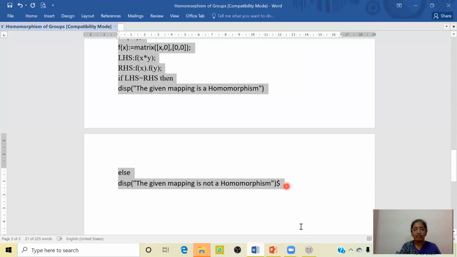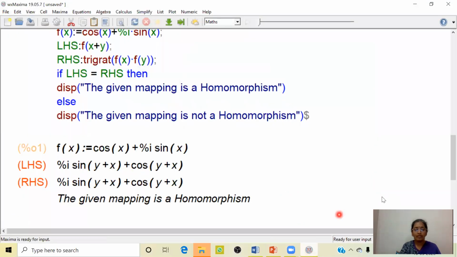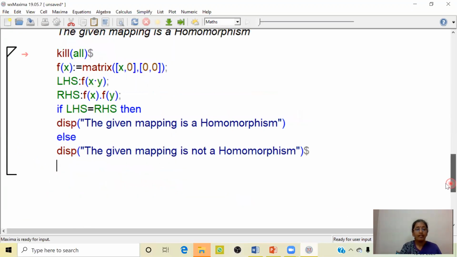So let us copy this, go to the Maxima window and paste it there. So we get the command like this. Now look at this dot and this dot. Both are different. This one is for multiplication, that is the shift button which contains the asterisk mark, and here it is f of x dot f of y, and this dot is nothing but the full stop button. Okay, now let us execute and see.